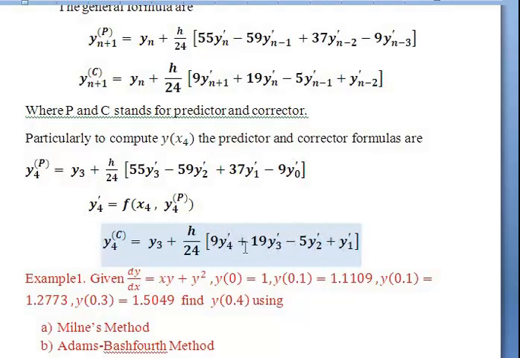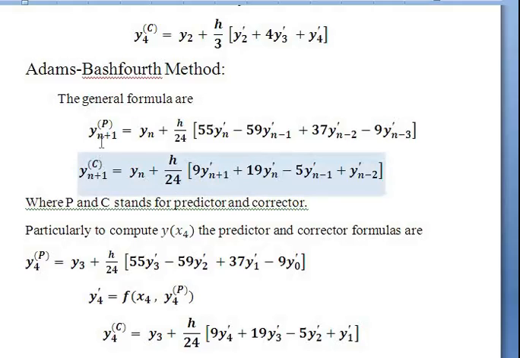Here also we obtain y4' from the predicted value using the given function at x4, y4p. So we have y4p and y4c, similarly for Milne's y4p and y4c.